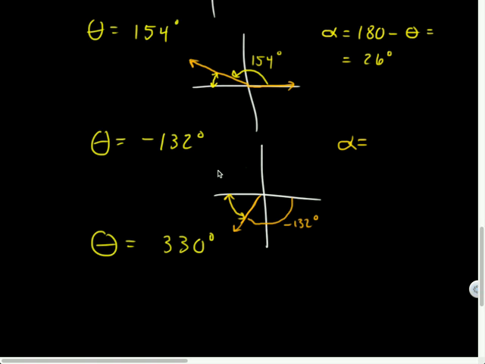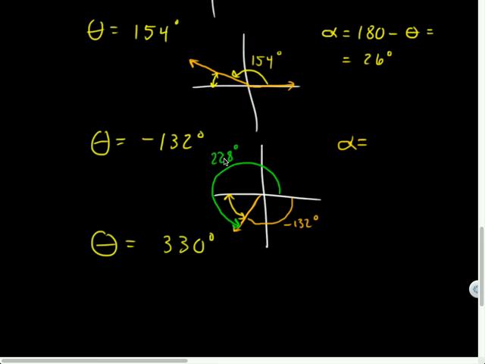What I could do in this case is find a coterminal angle. What's the coterminal angle? I could do 360 minus 132. That's 228. Why don't you subtract 180 minus 132?